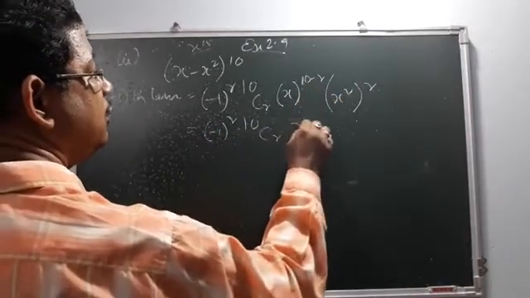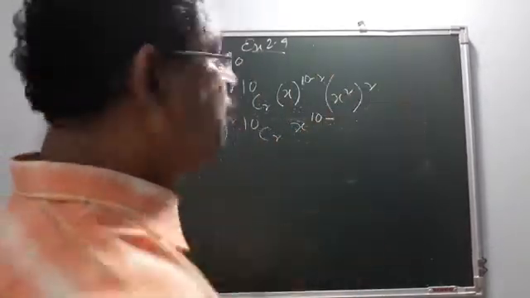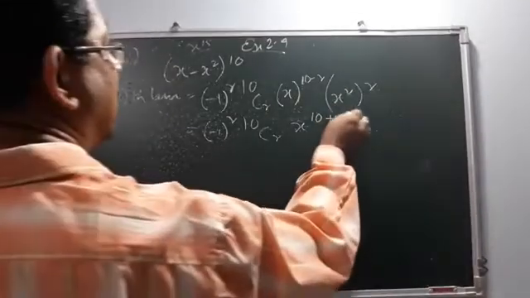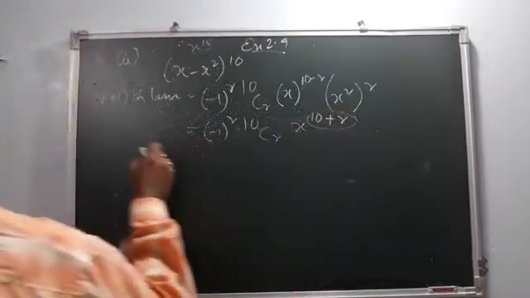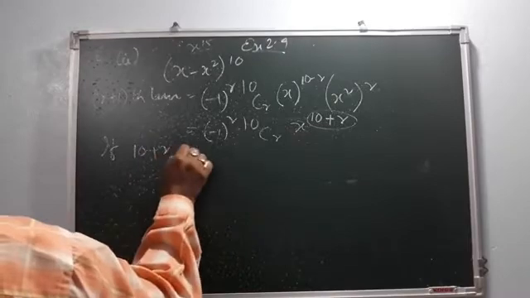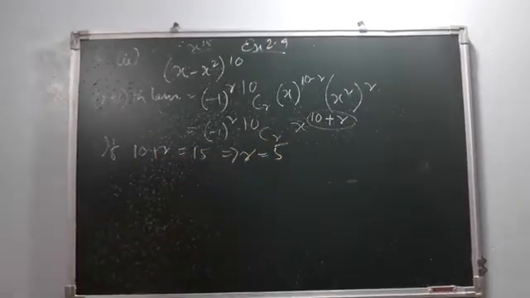If we add 10 minus r plus twice r, this will give 10 plus r. Now if we take this as x to the power 15, then 10 plus r should be equal to 15. It means r is 5.